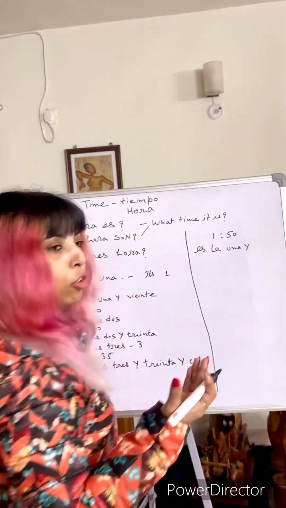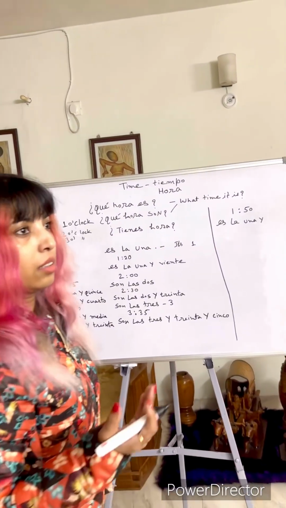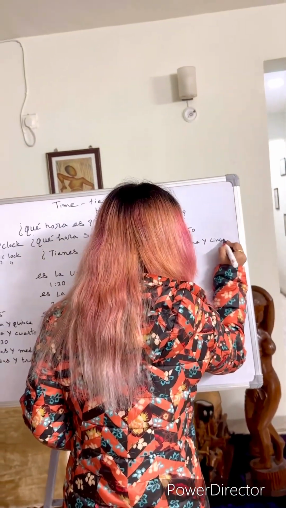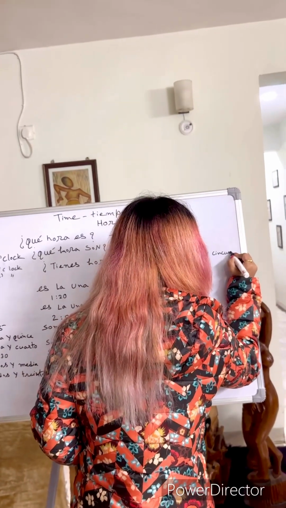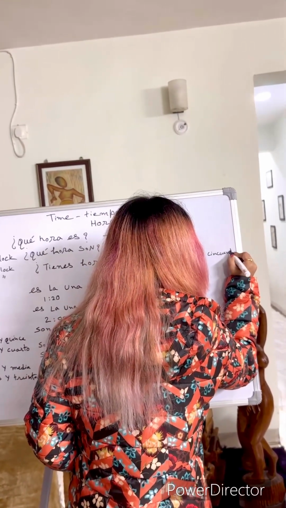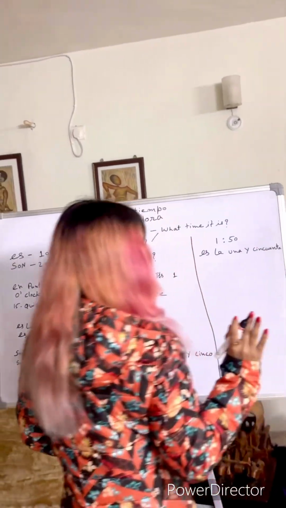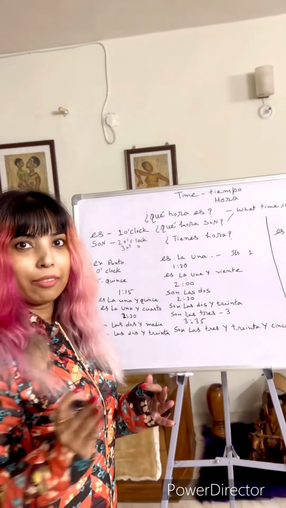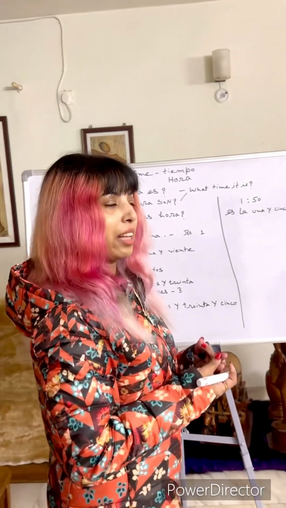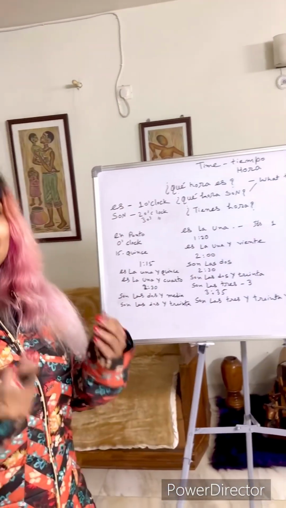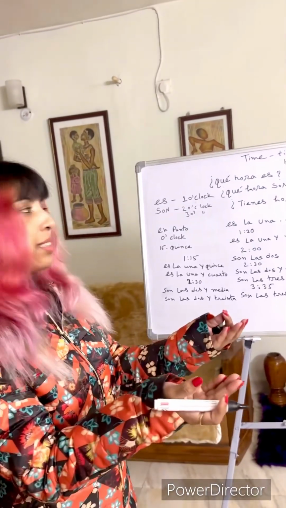For 50, how do you say 50 in Spanish? Cincuenta. Es la una y cincuenta. But there is another way. In English as well, you say it's 1:50, or sometimes you say it's 10 to 2.